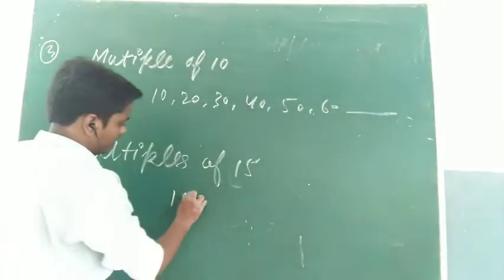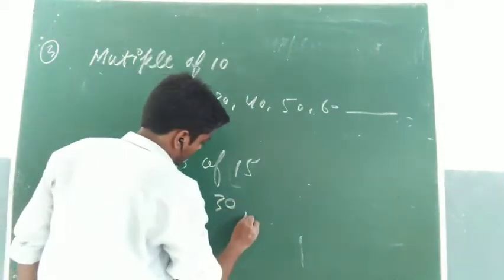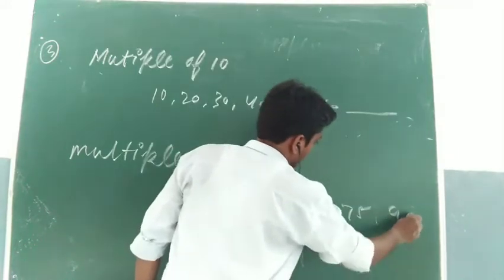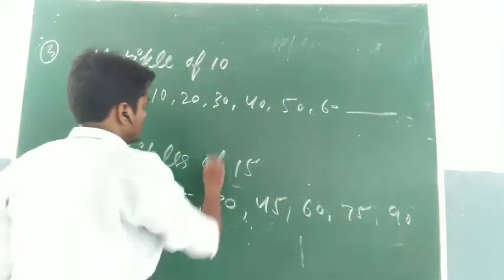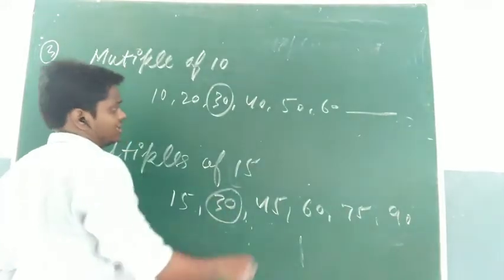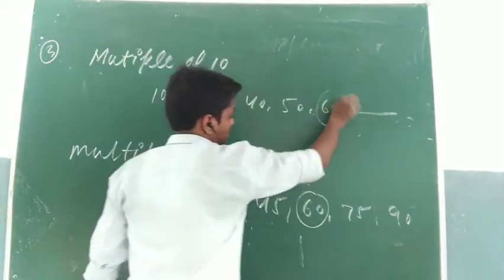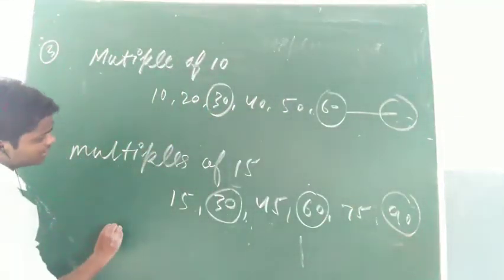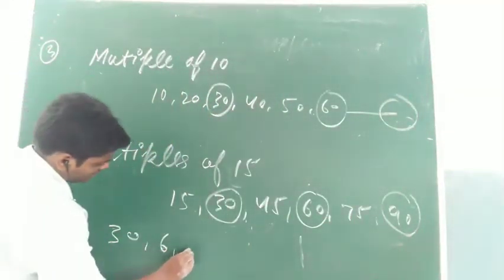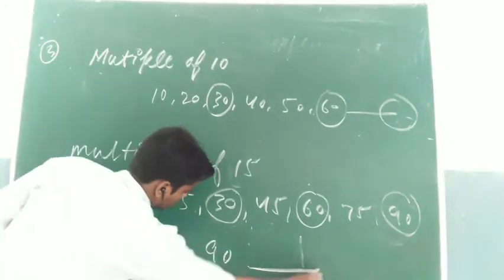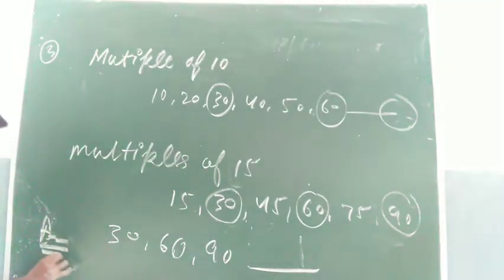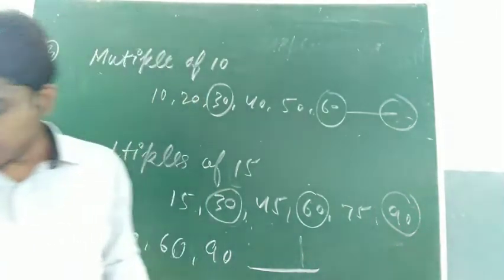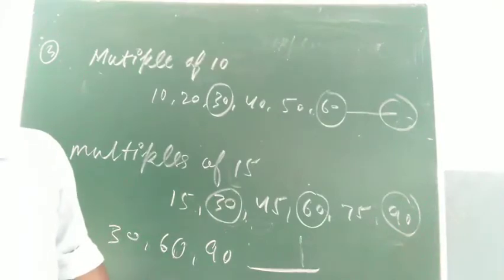And after that the multiples of 15. So we see 30 is here, 60 is here, 90 will be there. So the common multiples are 30, 60 and 90 and so on. This will be your answer: common multiples 30, 60 and 90. After that we will move to question number 4.